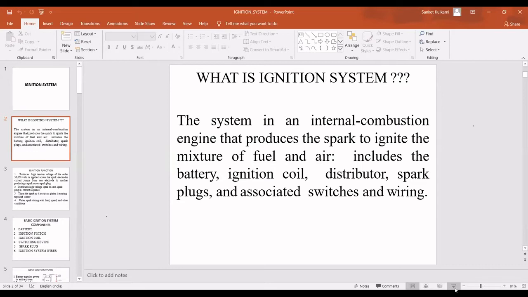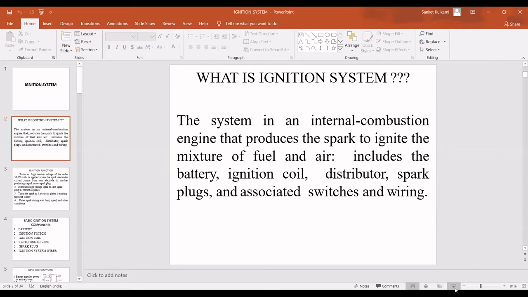As I said, the spark plug is an additional heating component which is required only in the case of a petrol engine. The ignition system generates a spark or heats the electrode to a high temperature to ignite the air fuel mixture in a petrol engine or gas-fired engines.